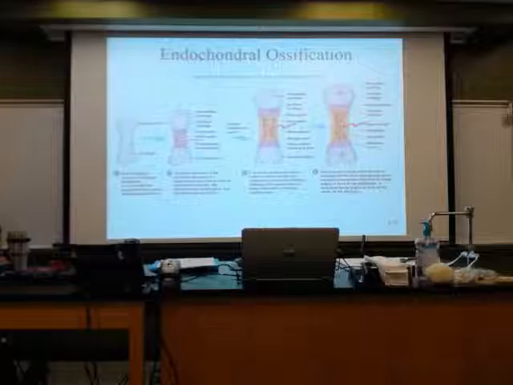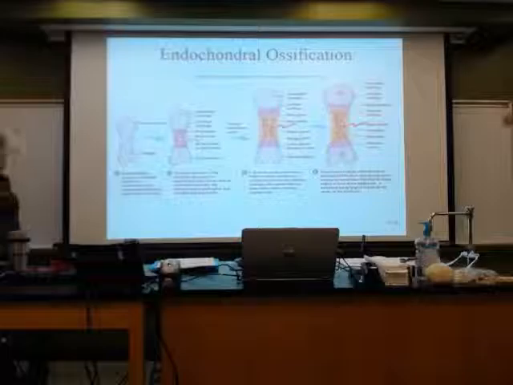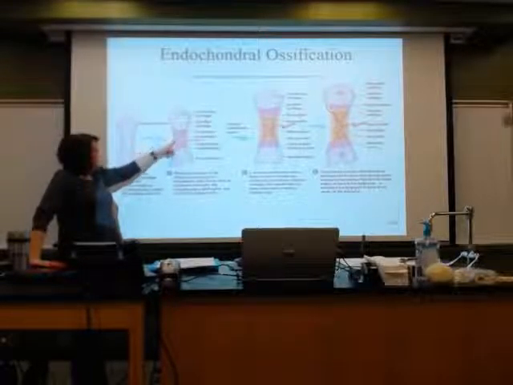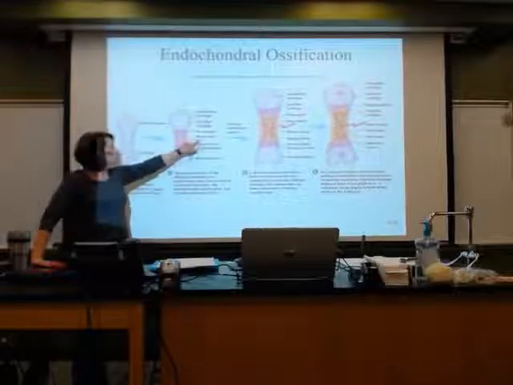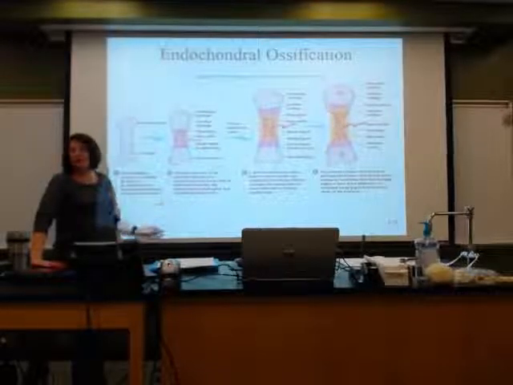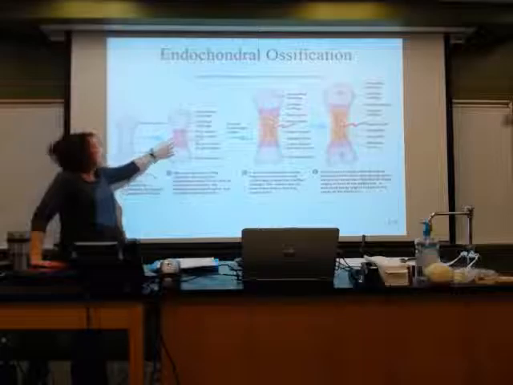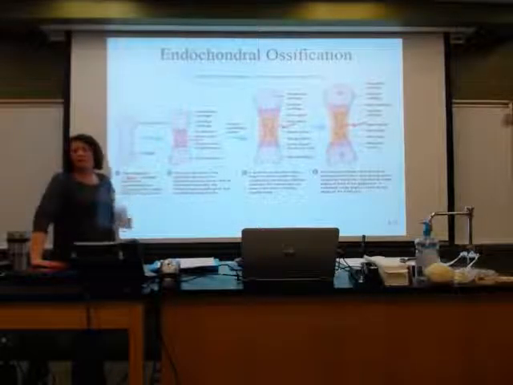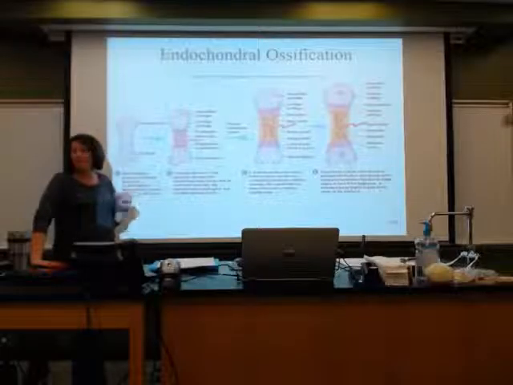Osteochondral progenitor cells, which tell me I have cells for both bone and cartilage. Okay, so now what happens, it begins to form what we term a bone collar. Notice that this is taking place around the area that was invaded by the blood vessel.